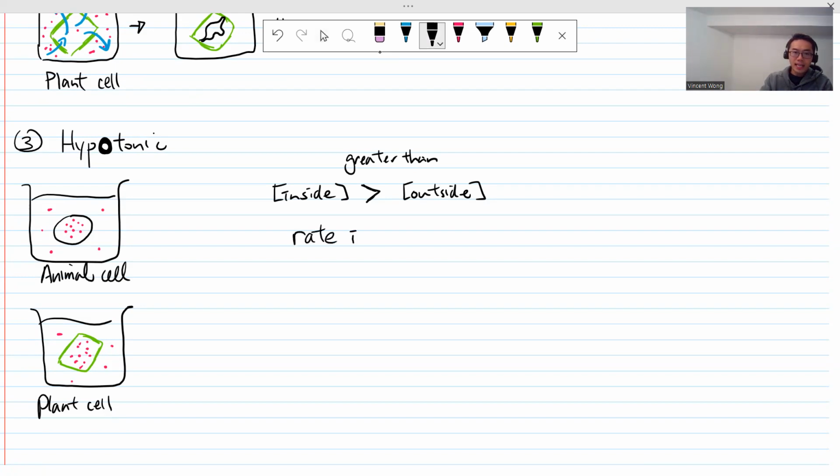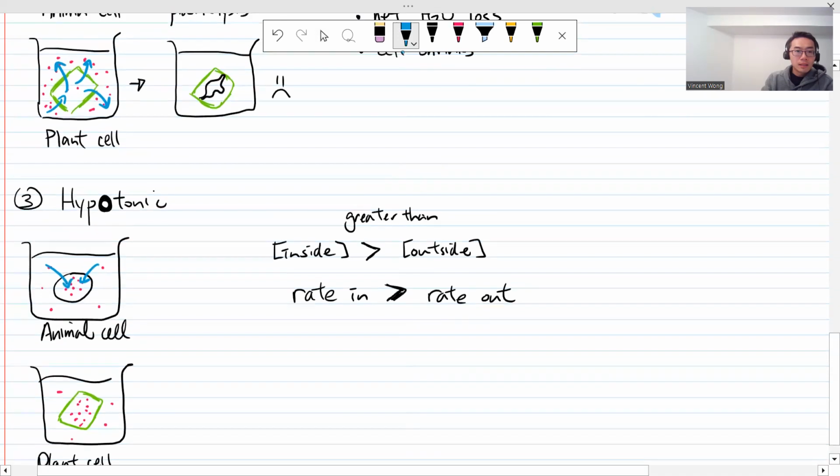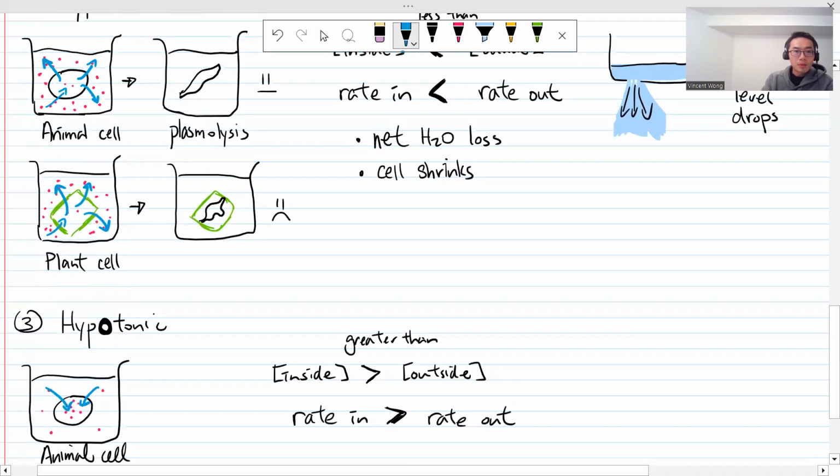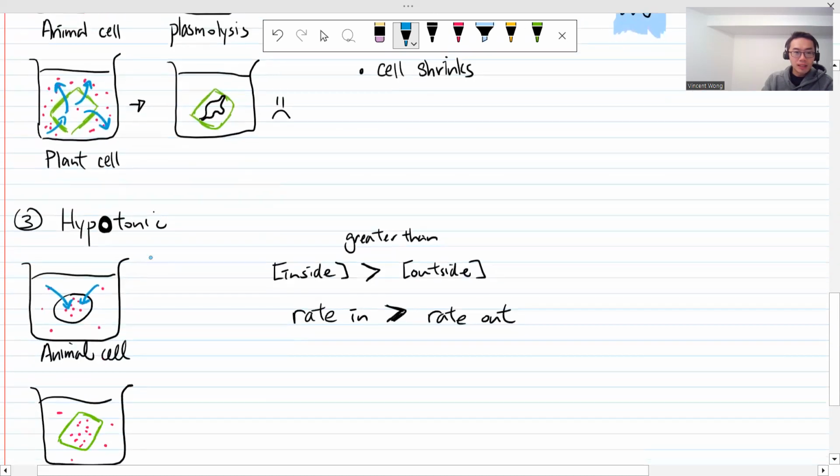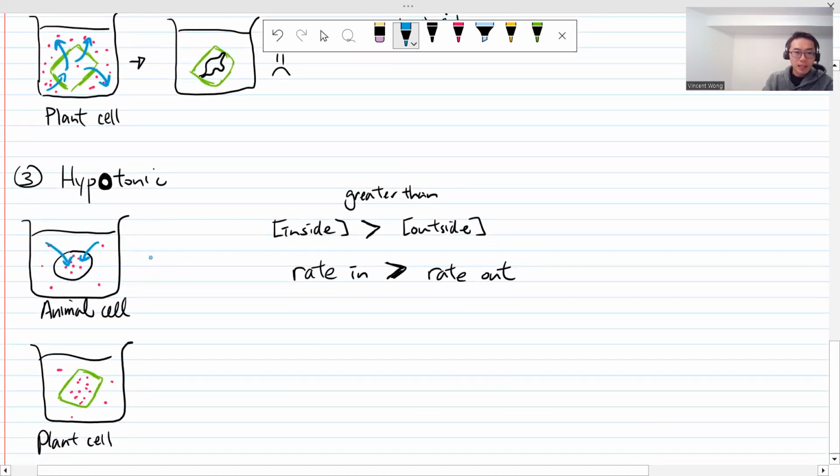So rate in is greater than rate out. Okay. So you have a lot of water coming in. It's opposite to what we had before, right? Before we had more water leaving. Make sure you get the direction of the arrowhead correct. So you have a lot of water coming in and not a lot leaving.